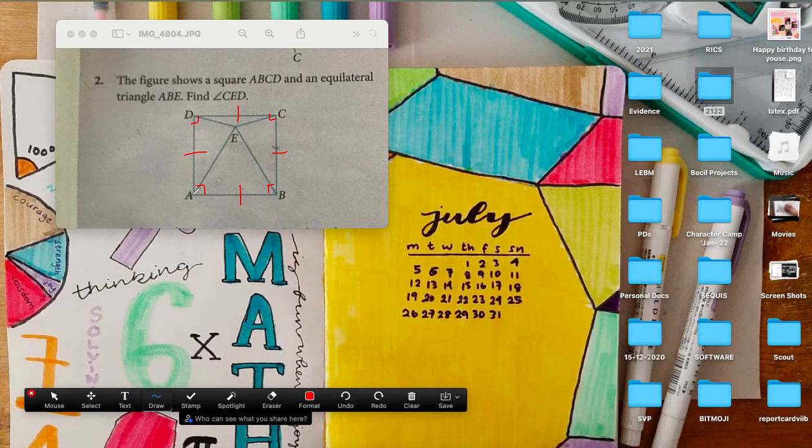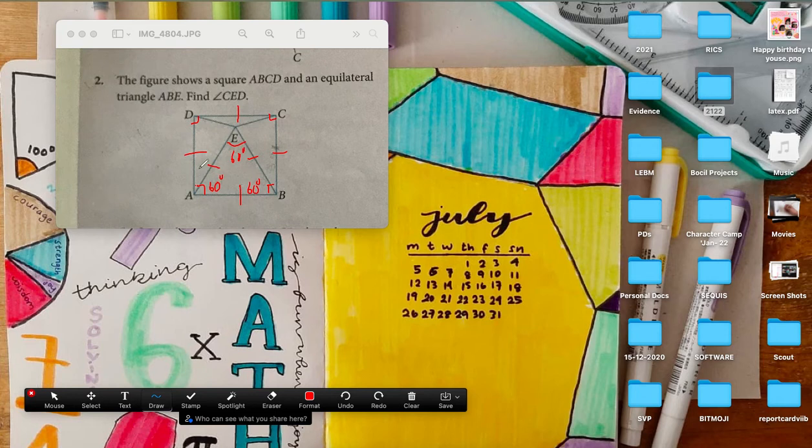So if AB is this long, BE has to be equal to AB as well as EA. So then this interior angle in the triangle EAB is 60 degrees, this interior angle as well, and so is angle E in the triangle AEB.